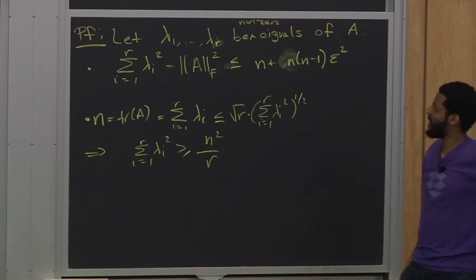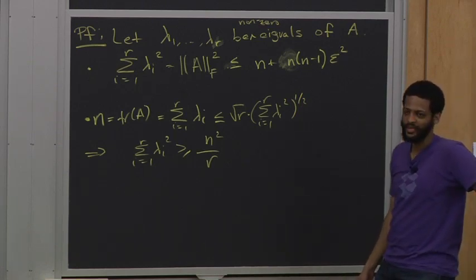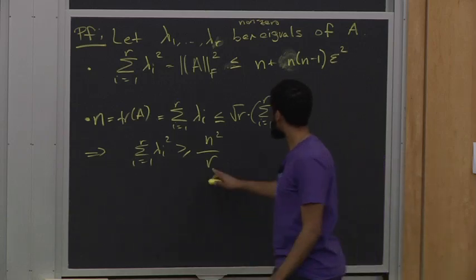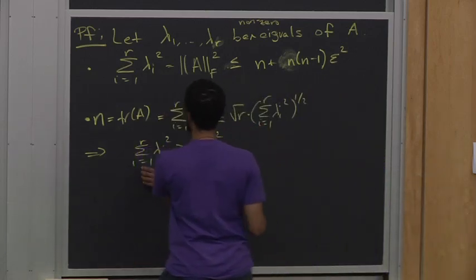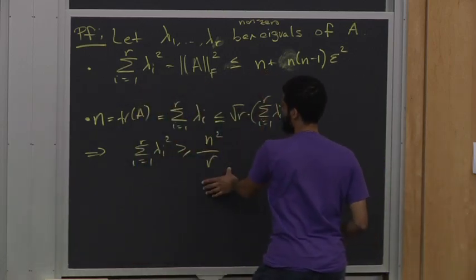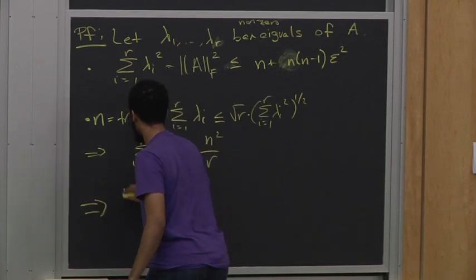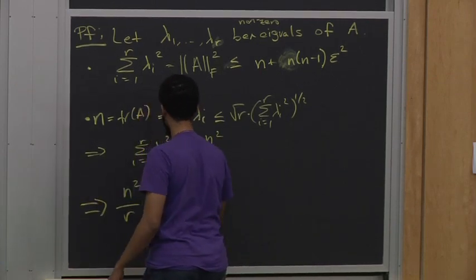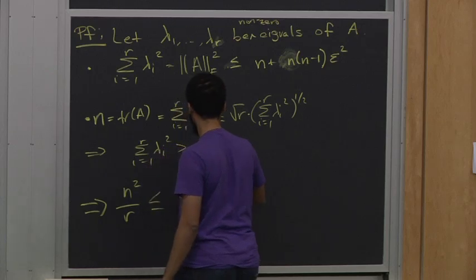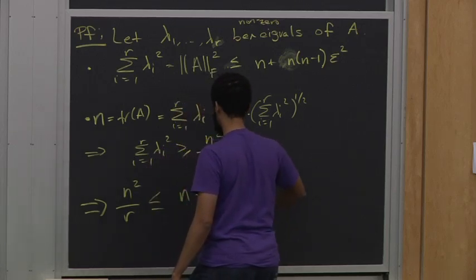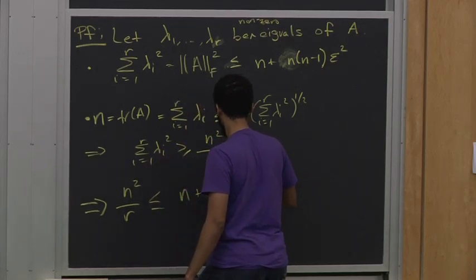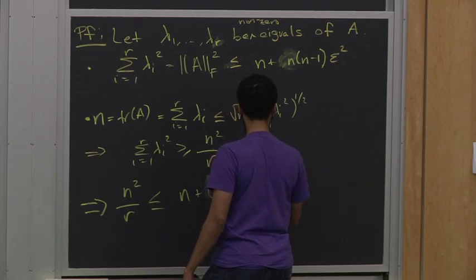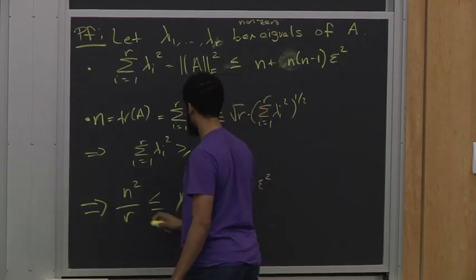And then now you just move things around. So you have that the sum of lambda_i squared is at most that, and it's at least that. That implies that n squared over r is at most n plus n times (n minus 1) epsilon squared. Divide by the n's.